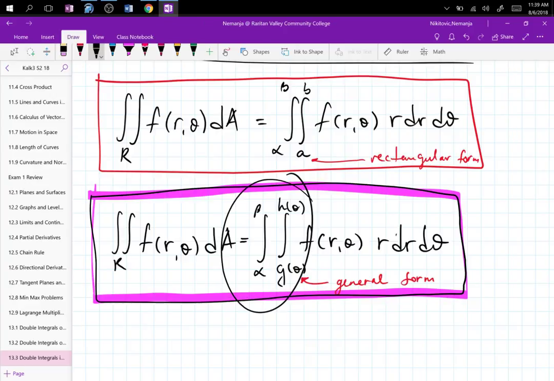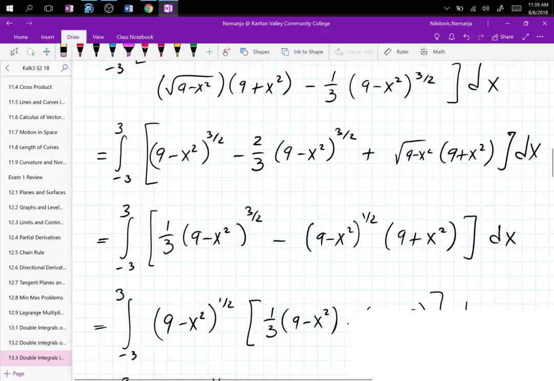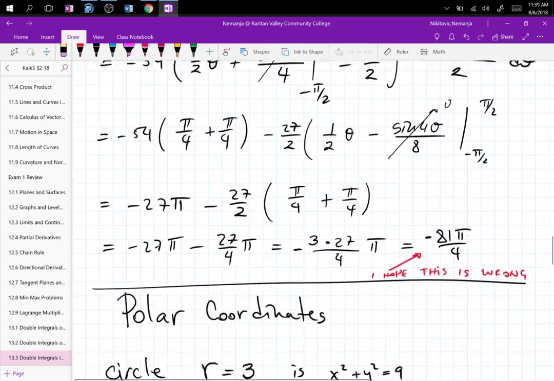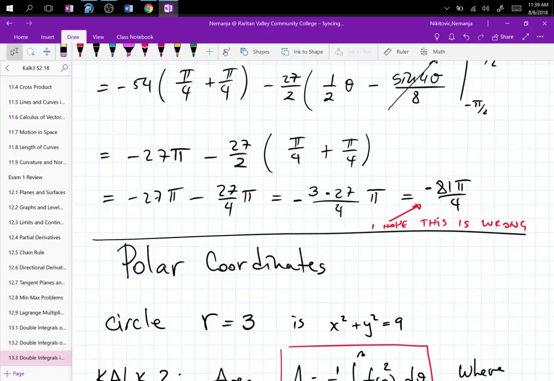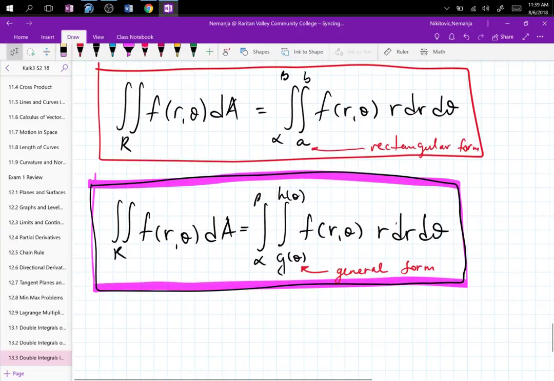This one over here is the region, and this over here is the shape on top. These integrals make our previous problem that we spent 30 minutes crunching, and it's definitely wrong because it's negative 81 pi over 4, into a joke.